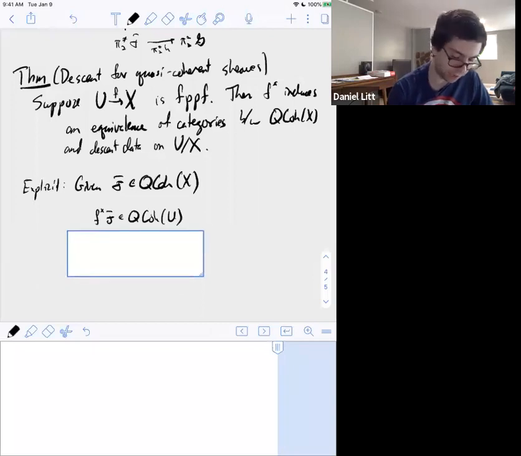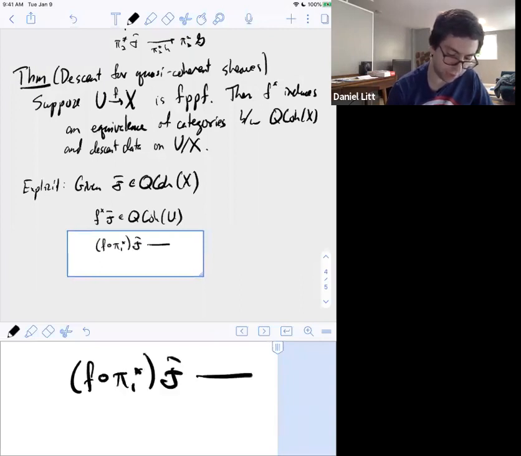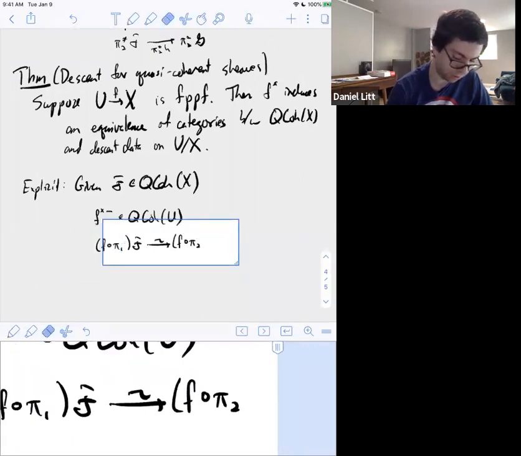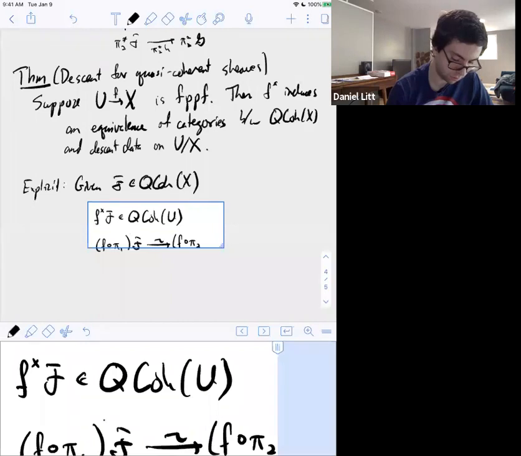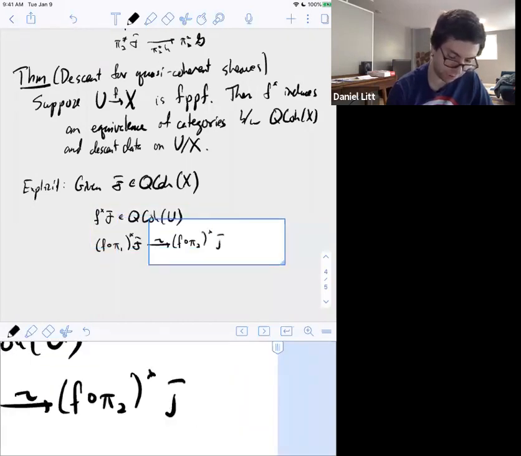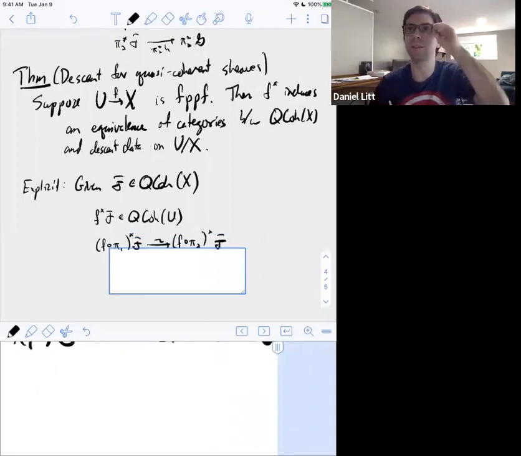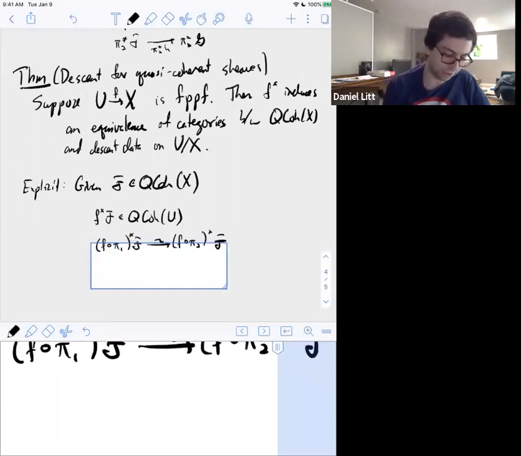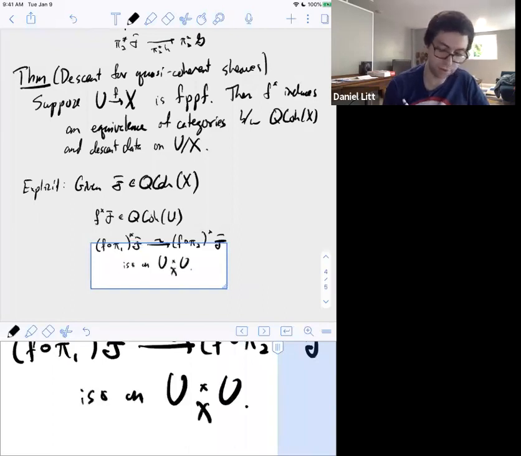So we can take pi 1 star of F, and we want an isomorphism between it and pi 2 star of F, the pullback of F. Sorry, the star should be outside the parentheses. And we want that to satisfy the cocycle condition. Can anyone tell me how to make this isomorphism? We want this isomorphism on U cross U over X.